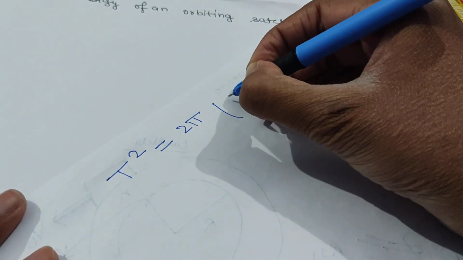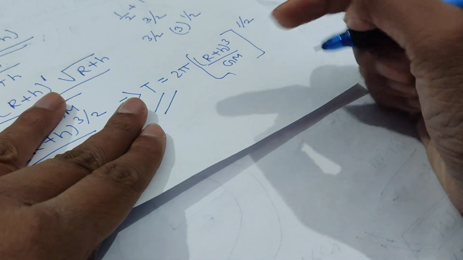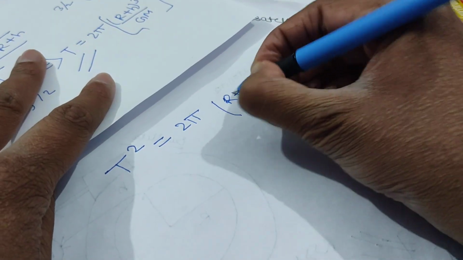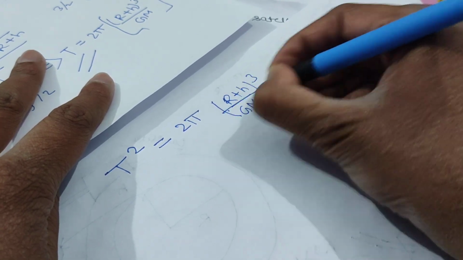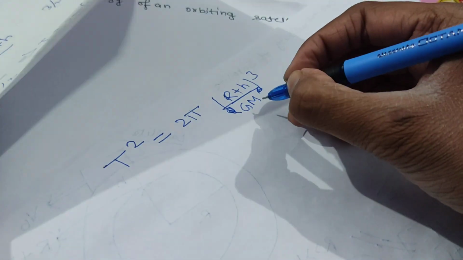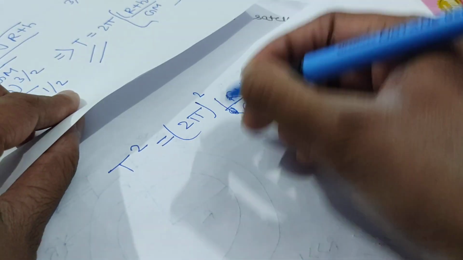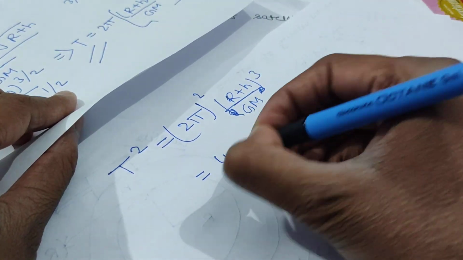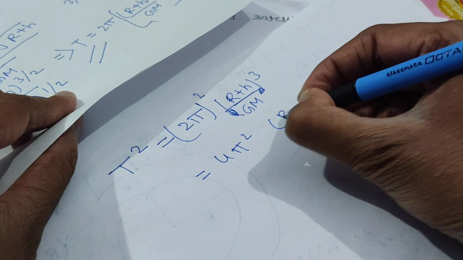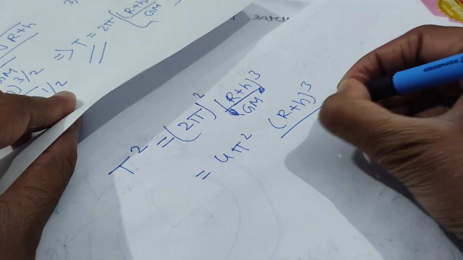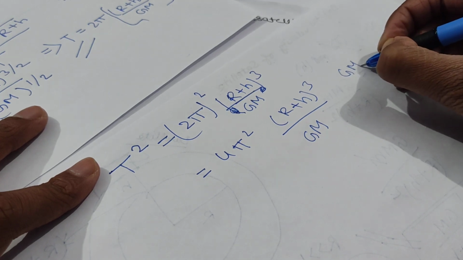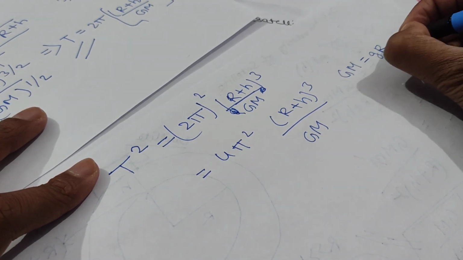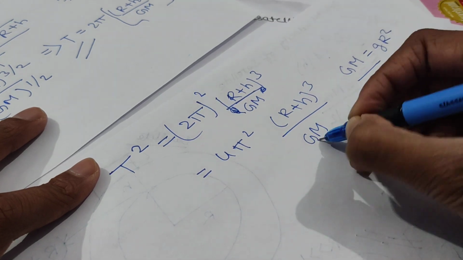So 2 pi, squaring it, it becomes T square equals 4 pi square (r plus h) cube by G M. We know G M is equal to g r square, so put this value here.